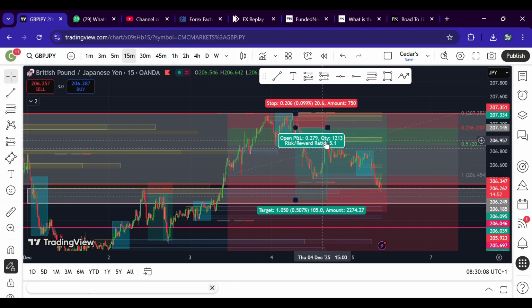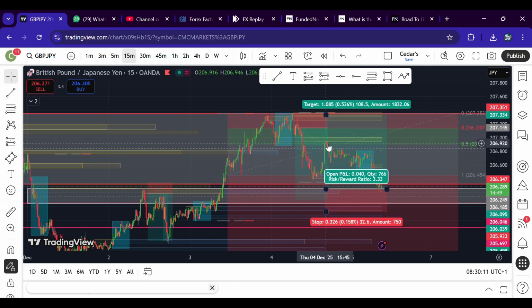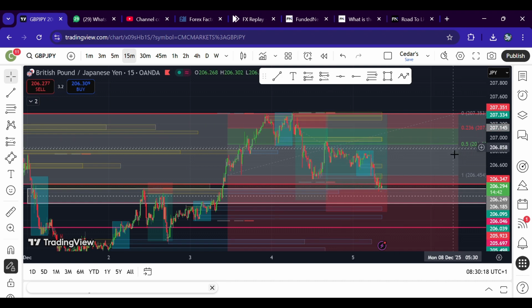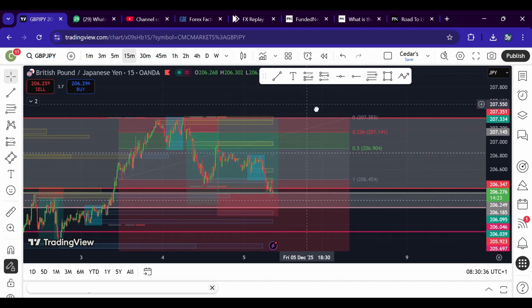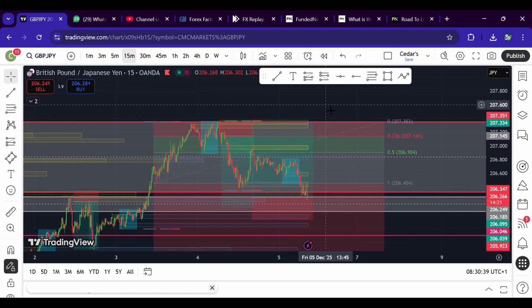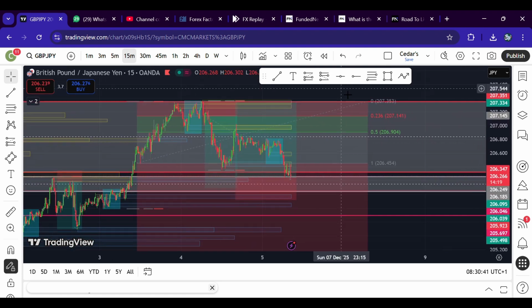This was where the retracement happened, at 4 p.m. The retracement came into the Fibonacci retrace. I had my Fibonacci at the 0.5 for a beautiful entry, and boom, targeted this order block, and it played out eventually. So we'll see what happens today, but these are basically the trades I had this week.